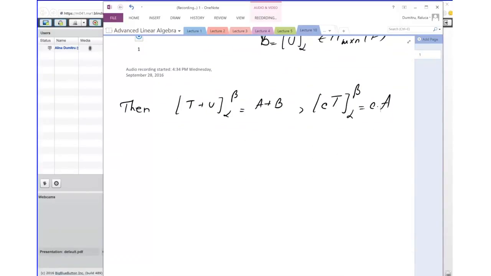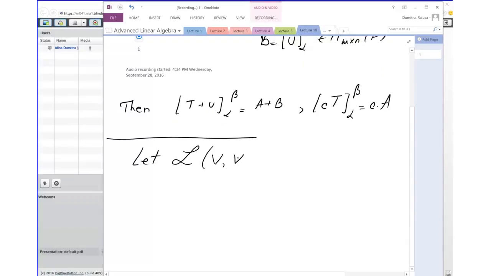Okay, there are two more ideas in this section that I wanted to talk about. One of them is about the following set. The set L(V, W) denotes the set containing all the possible linear transformations defined on V with values in W. V and W, again, two finite dimensional vector spaces over F. So I basically have a set of functions here, right?